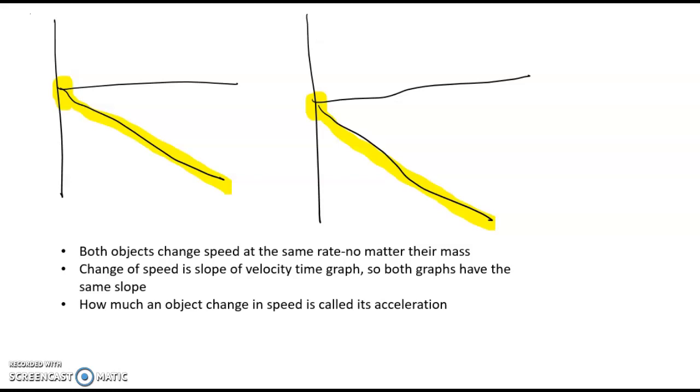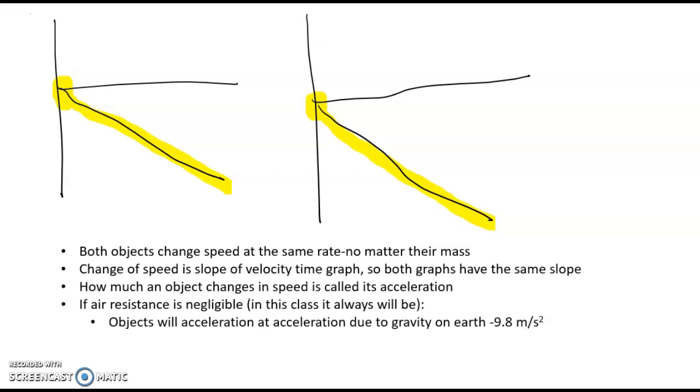We're going to call that the acceleration due to gravity, and the value for it is going to be negative 9.8 meters per second squared. And that's going to be one of the numbers that you're going to use most in this class, that negative 9.8 meters per second squared. It's on the very front of your reference tables, and it's the acceleration of any object if it's just in the air falling.